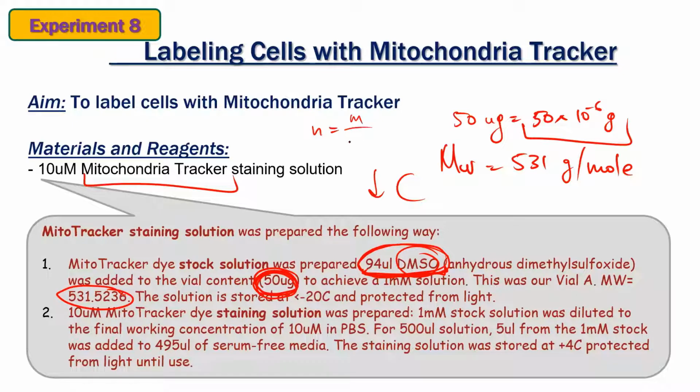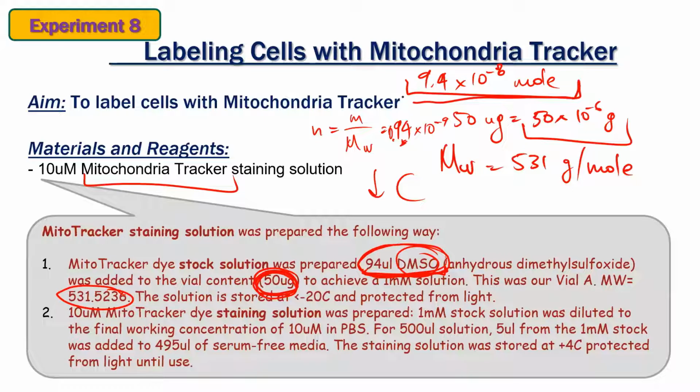So we divide mass by molecular weight, and we get roughly 9.4 times 10 to the power of minus 8 moles.